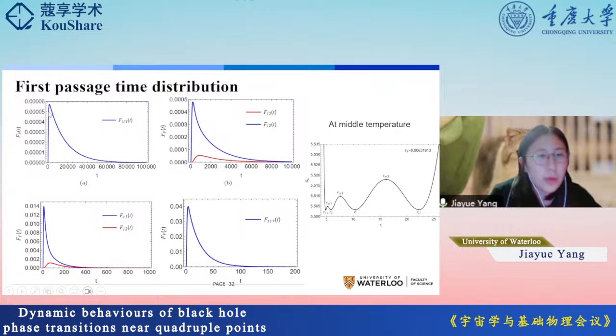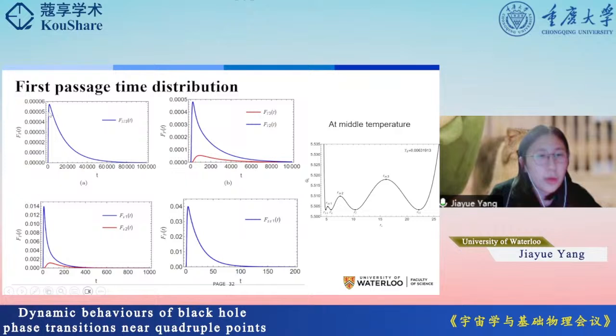Figure A has the smallest temperature, figure B has the intermediate temperature, and figure C has the highest temperature. As we can see, as the temperature increases from A to C, the peak time becomes larger and larger.